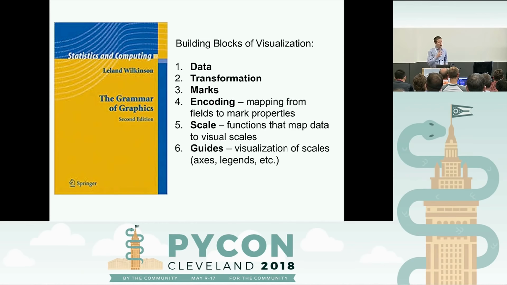Thinking about data visualization in this way is really helpful, because it boils down what you're doing, which is taking data and putting it onto the screen or onto the paper, into the essential steps. And what Wilkinson did here is he created what he called a grammar of graphics, a way of thinking about how you express these sorts of operations when you're creating a visualization of some data.